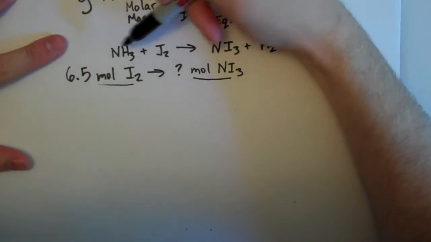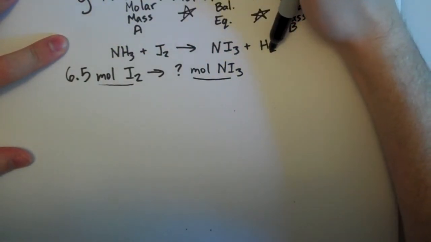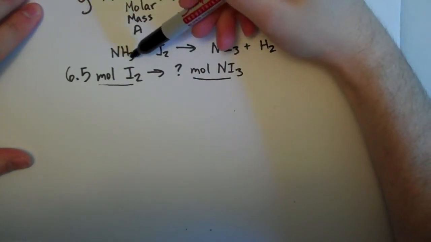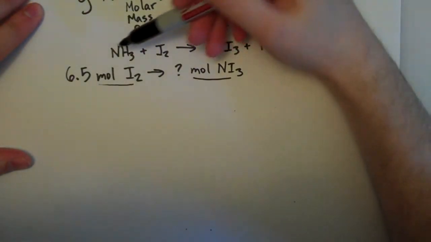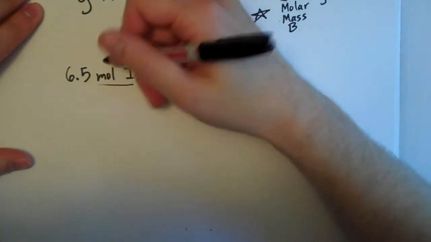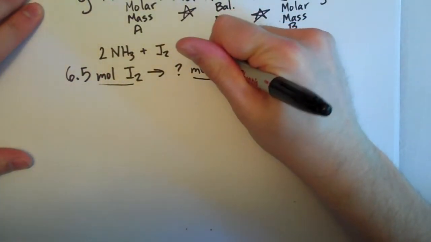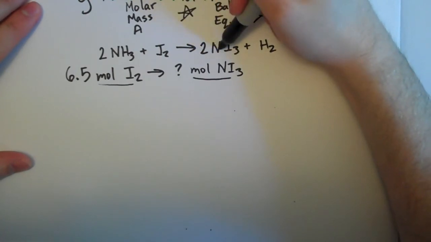Let's see, I have one nitrogen. I have 3 hydrogen, 2 hydrogen over here. So remember that anytime you run into this even-odd problem, we're going to double everything we already balanced. So we already balanced our nitrogen. We said that there was 1 nitrogen here. Well, let's double that and put a 2 here. There's also nitrogen over here. So now we have 2 nitrogen on the left, 2 nitrogens on the right.